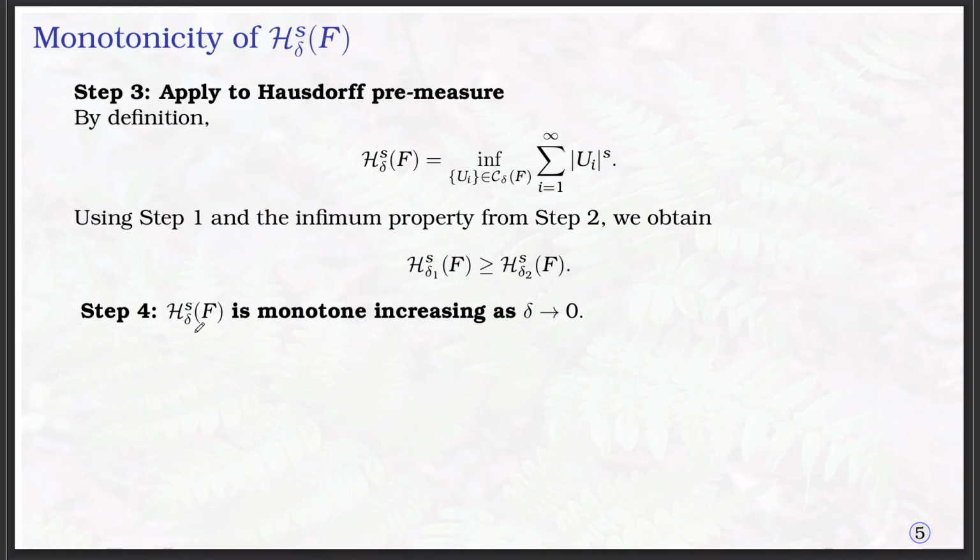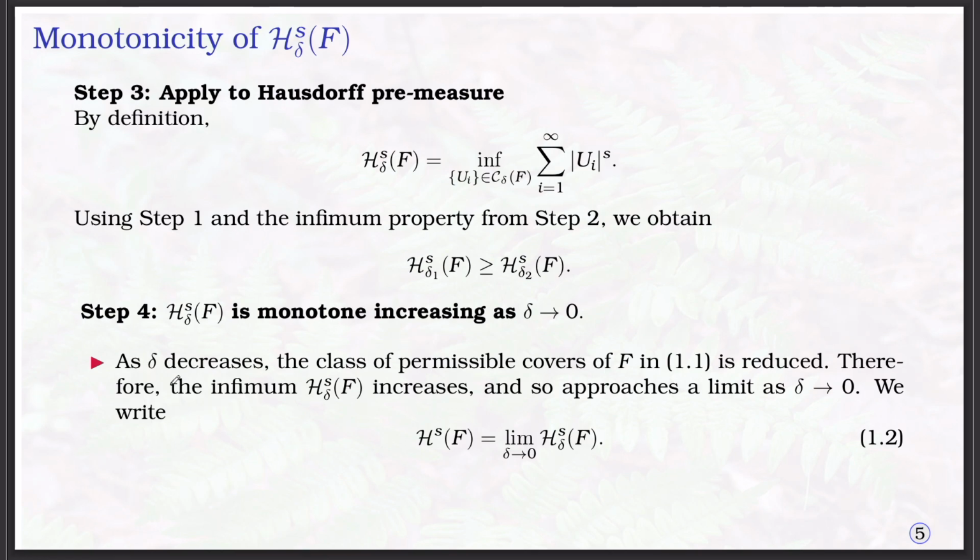Therefore, H delta of F is monotonically increasing as delta tends to 0. Whenever delta approaches 0, this is an increasing quantity. As delta decreases, the class of permissible covers of F in equation 1.1 is reduced. Therefore, the infimum increases and so approaches a limit as delta tends to 0.